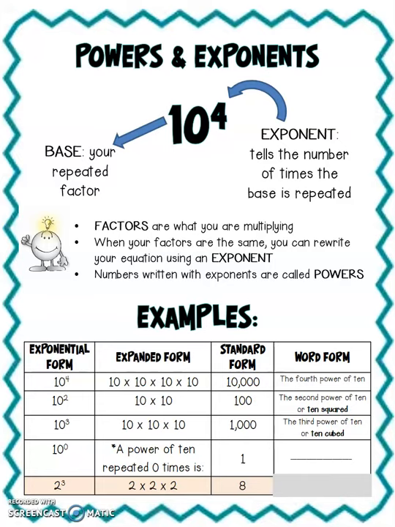So the standard form of 2 to the third is 8. Finally, in word form, we can use the same pattern and just call this the third power of 2. So if you see a base that's something other than 10, it works exactly the same way. But this year in fifth grade, you will only see questions with a base of 10 as your fifth grade examples. So hopefully that helps to make exponents a little bit more clear.